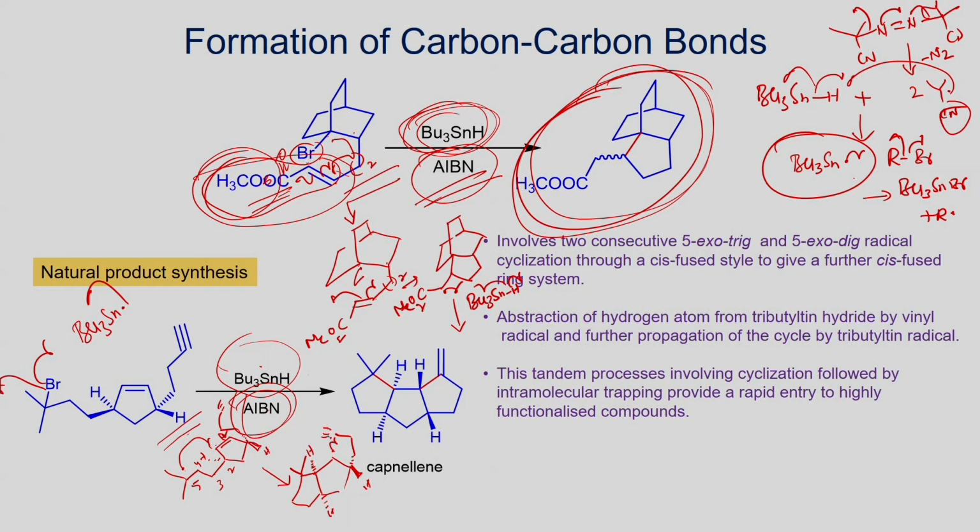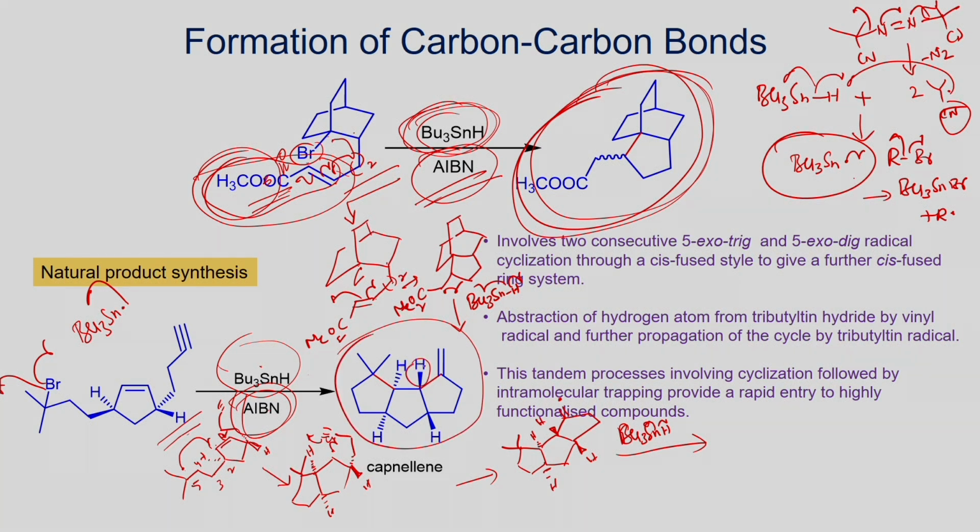This secondary radical can react with this alkyne to give this radical, the vinyl radical, which when you react further with tributyl tin hydride, abstracts this hydrogen, and then you will be able to get this compound.